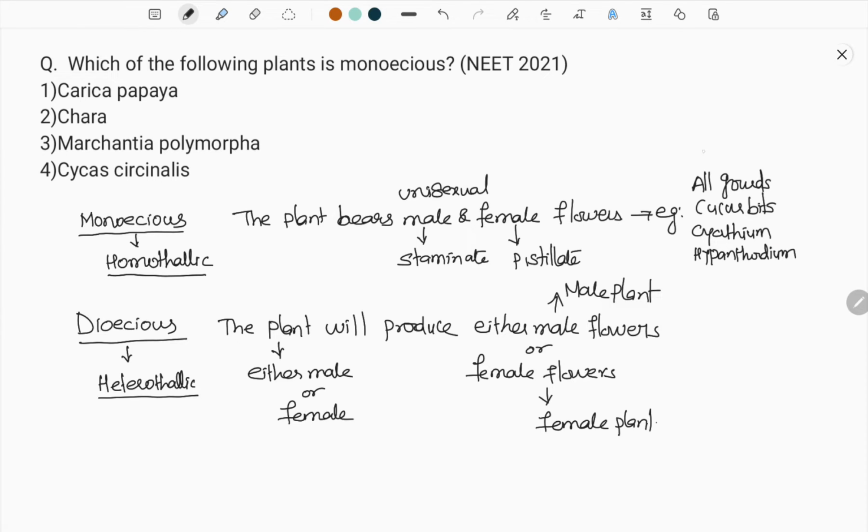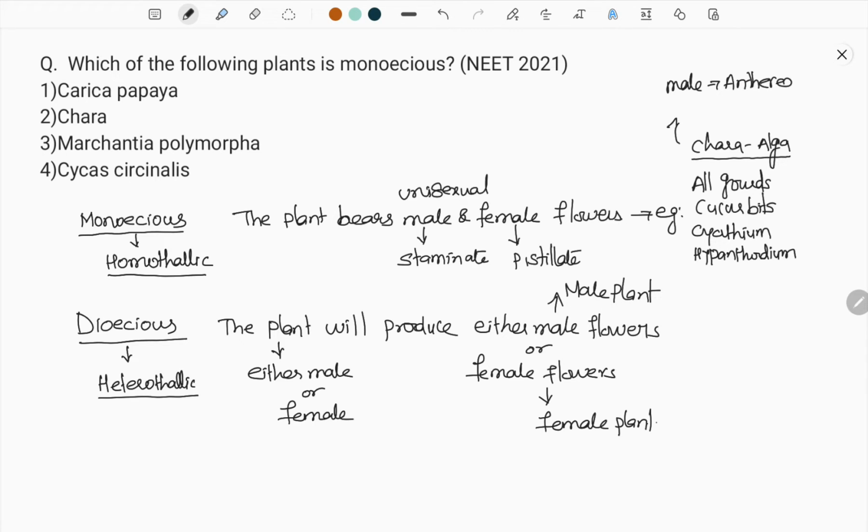And Chara. Chara is an alga that bears both male gametangium and female gametangium. Here male is called antheridium, female is called oogonium. We have the diagram here in Chara.